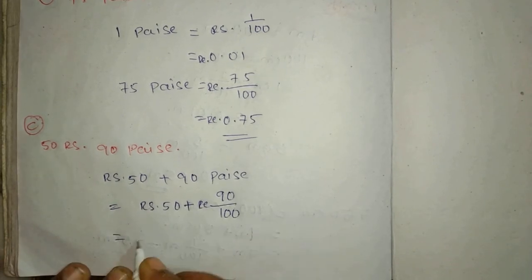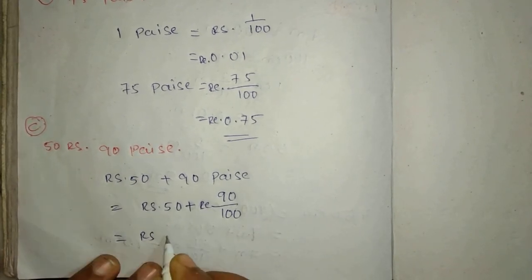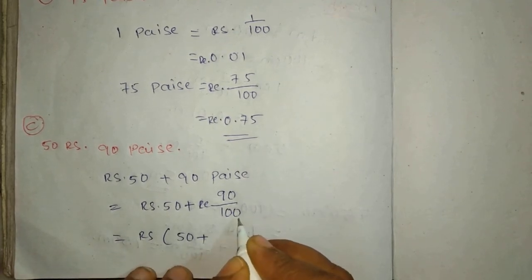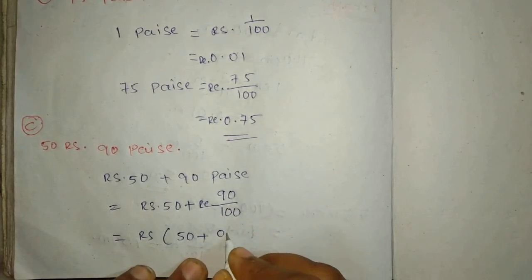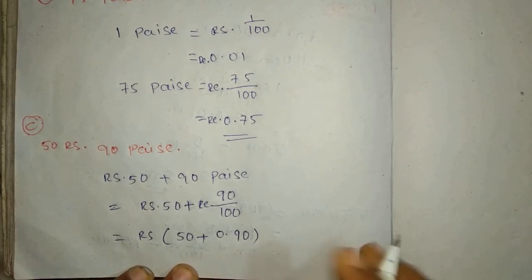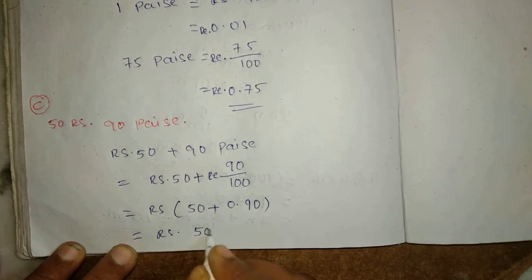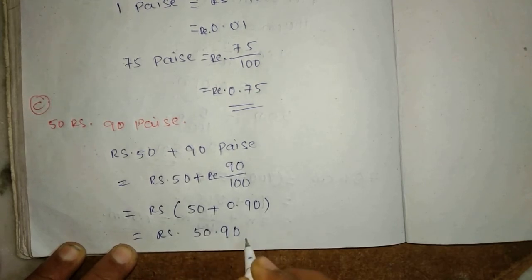That is equal to rupees 50 plus 90 by 100, which is 0.90. So this is equal to 50.90 rupees.